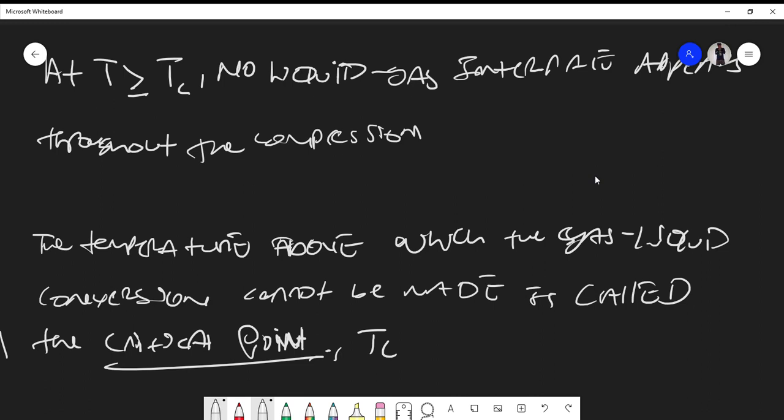And that is TC. So TC is what we call the critical point.